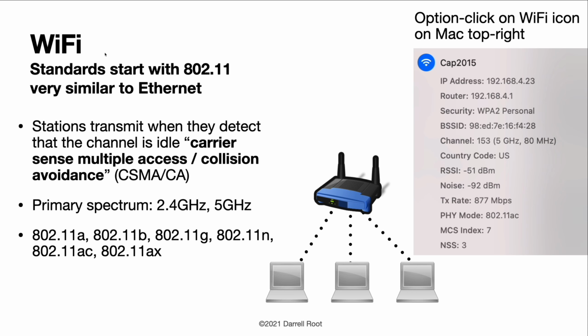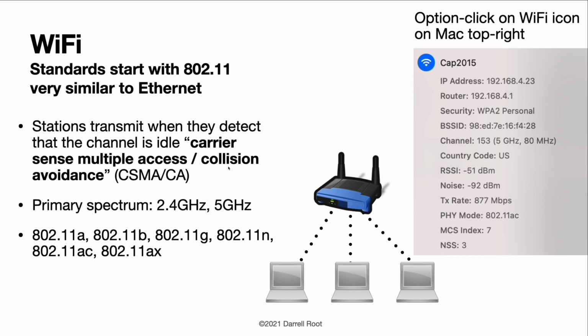Wi-Fi standards are also from the IEEE and start with 802.11 as opposed to 802.3. Wi-Fi standards, at least to the computer, look very similar to Ethernet. Stations transmit when they detect that the channel is idle, so they have the carrier sense. Multiple stations can access the Wi-Fi spectrum simultaneously. That's multiple access. They try to avoid collisions, so it's called collision avoidance.